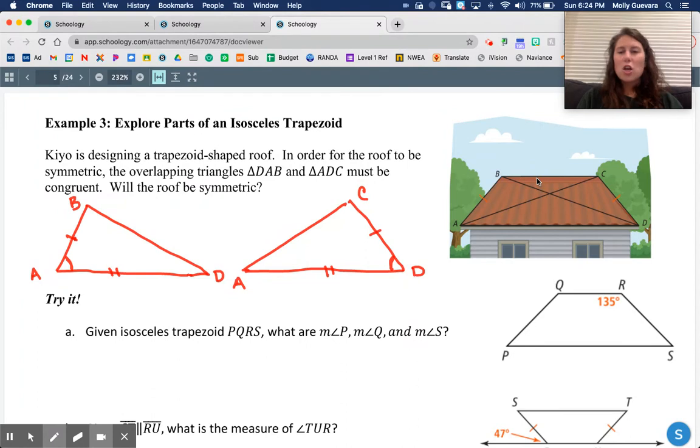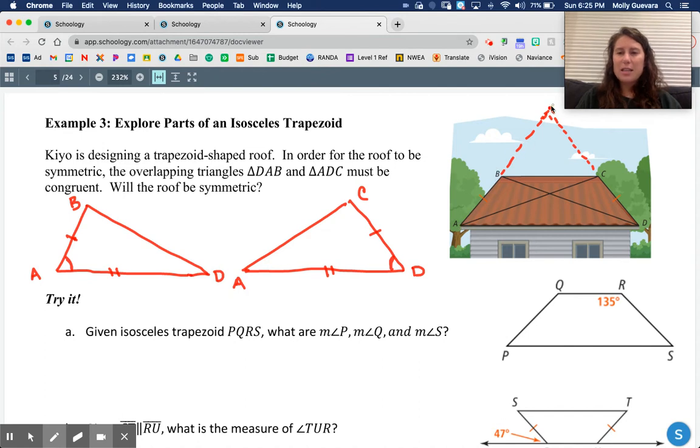Okay, so the question is, and the reason, let me show you the reason why I can say that. If I extend this up and make this a little bit more, and make this a triangle. Okay, let's just say that I do that. And I extend this up and make this a triangle.